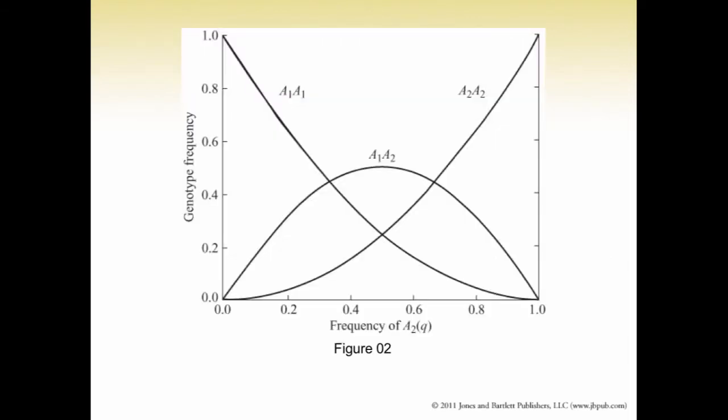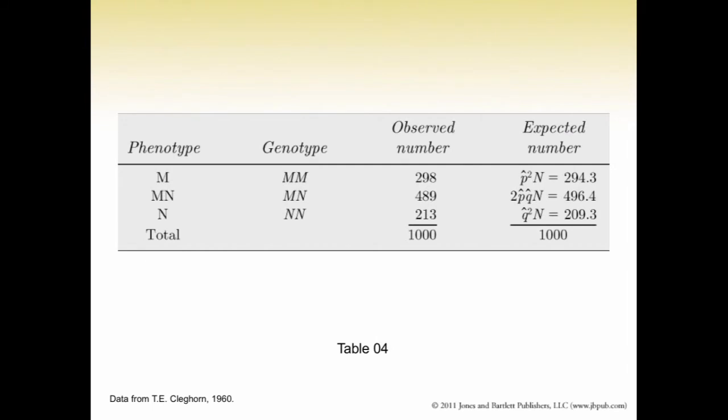All right, so we can look at the frequency of different genotypes as a function of Q, the frequency of one of the alleles, as mapped here. Another thing we can do with the Hardy-Weinberg equation is, because it's the binomial expansion, P squared, 2PQ, Q squared, we know what to expect in a population that meets the assumptions of this equilibrium theory: no migration, no mutation, no inbreeding, or that there is random mating, that there's an infinite population size, and that there's no selection.